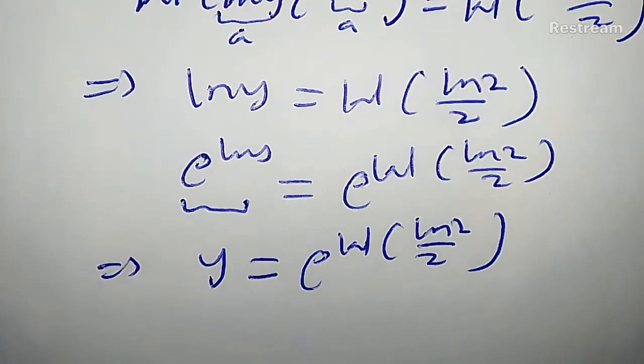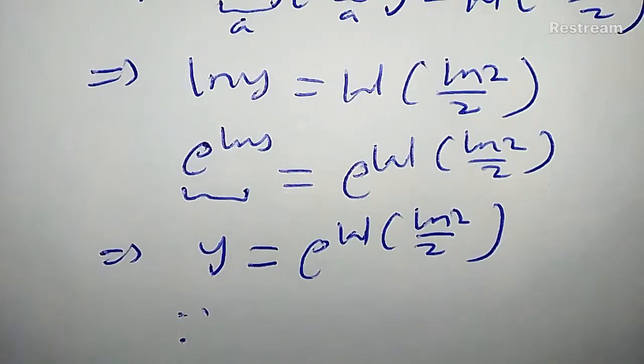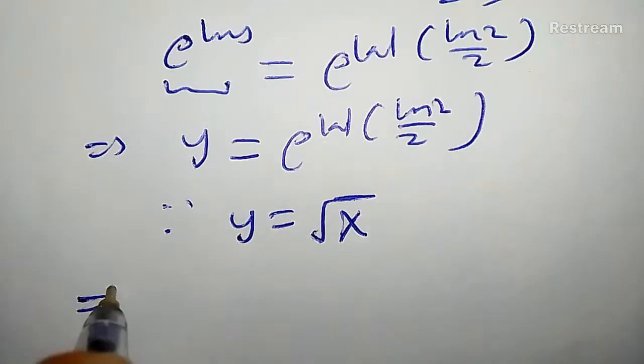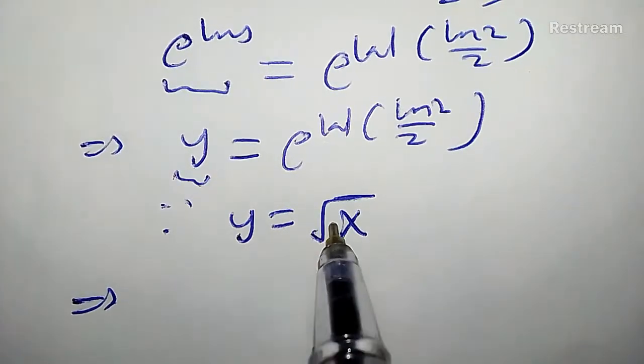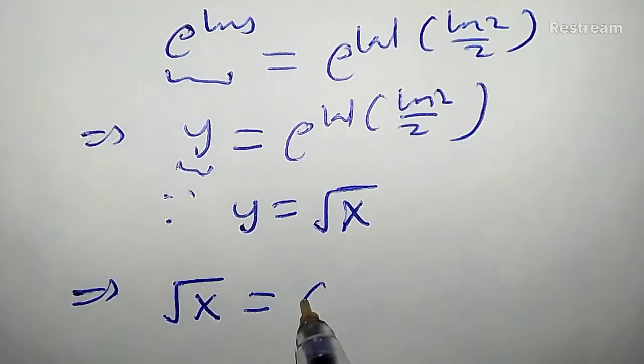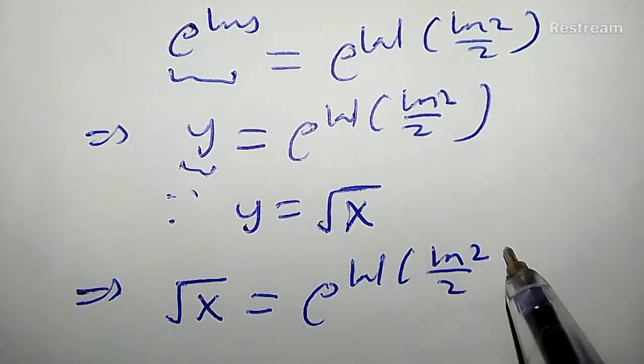But our aim is to find the value of x, not y. So since y is equal to square root of x, this implies that we now replace this y with this guy. Square root of x is equal to e to the power of W of ln 2 over 2.